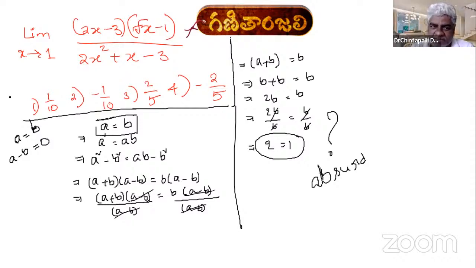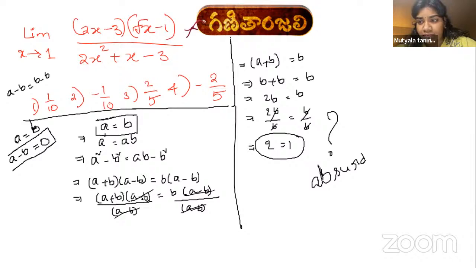Subtract B on both sides: A minus B is equal to B minus B, so A minus B is equal to 0. Yes, sir. As you cancelled A minus B, you just cancelled 0 by 0.